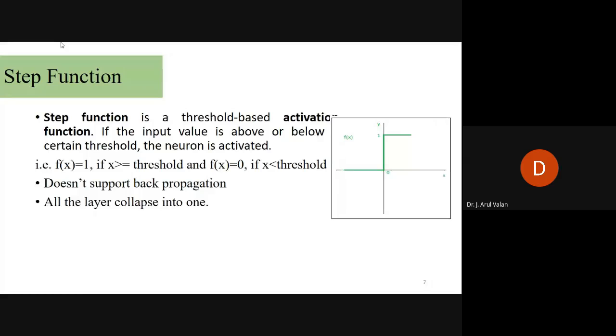Okay, the first one, the step function, will react based on the threshold value only. The step function is a threshold-based activation function. If the input value is above or below the threshold, only then is the neuron activated. Whatever threshold value you set, only then will it act. Here I am giving f of x.